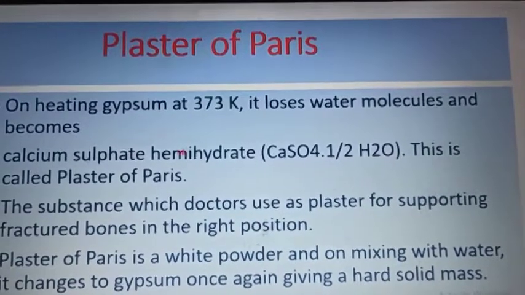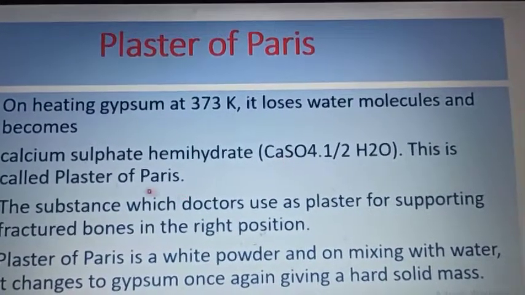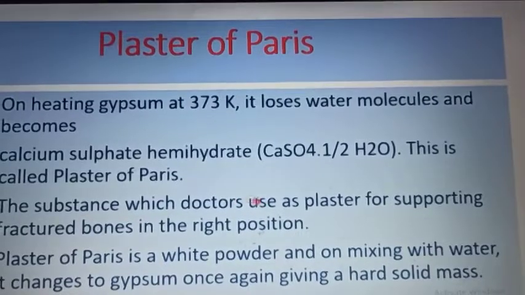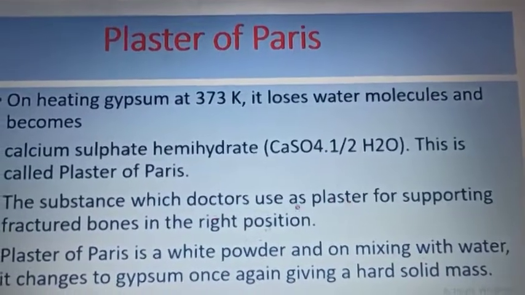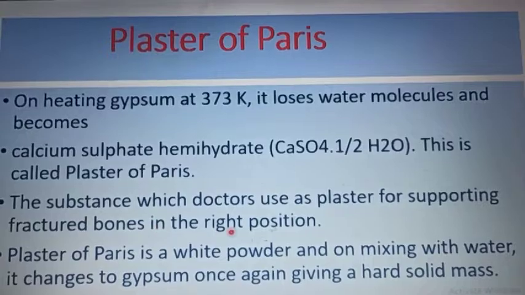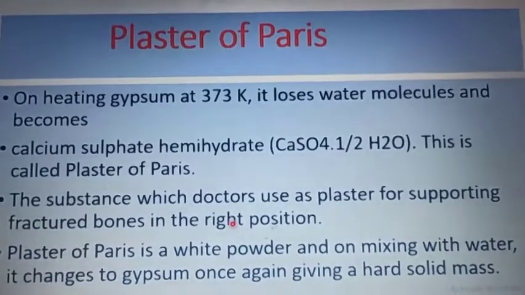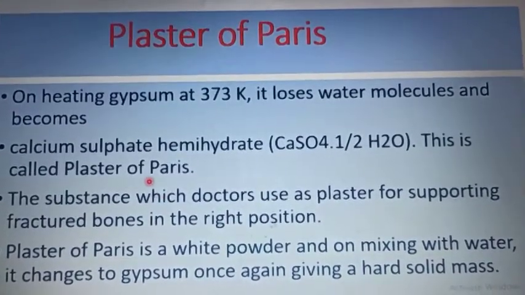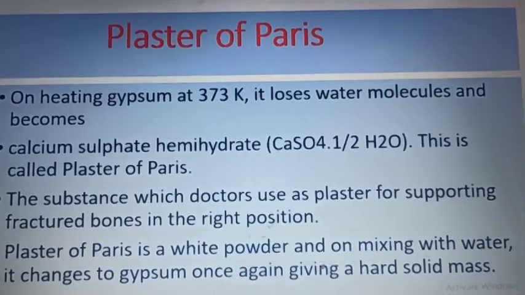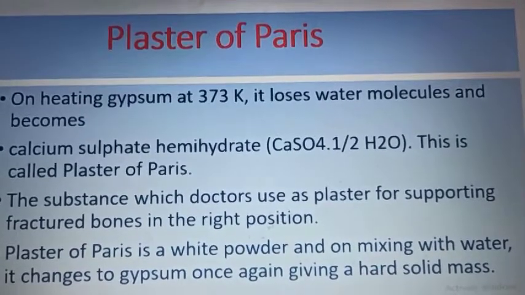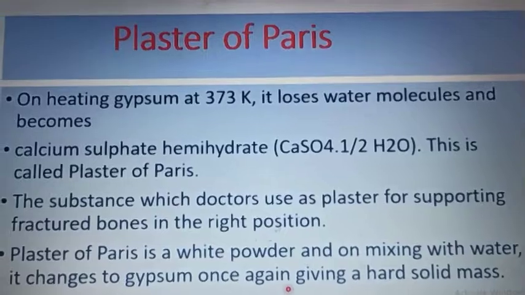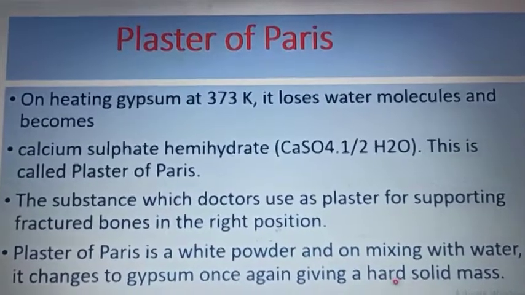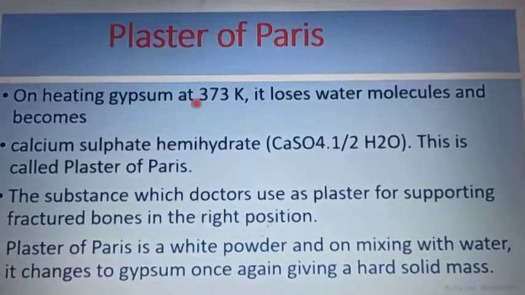So this calcium sulfate hemihydrate is plaster of Paris, and the substance which doctors use as a plaster for supporting the fractured bones in the right position is plaster of Paris. It is a white powder, and on mixing with water, it changes to gypsum, once again giving a hard solid mass. This hard solid mass is gypsum, right?